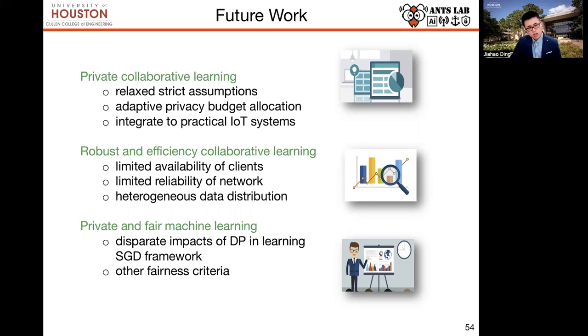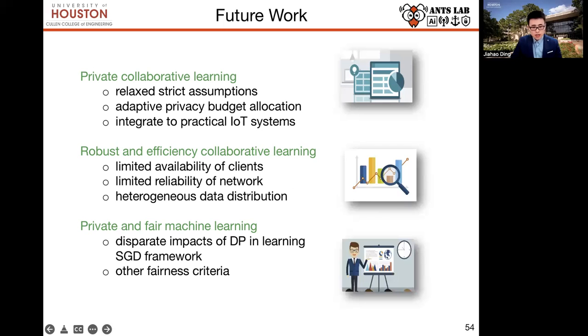In my current work on robust and efficient collaborative learning, we assume that each agent has access to IID data. However, in practice, we need to design robust and efficient collaborative learning algorithms which can tolerate the limited availability of clients, the limited reliability of the network, and the heterogeneity of data distribution.